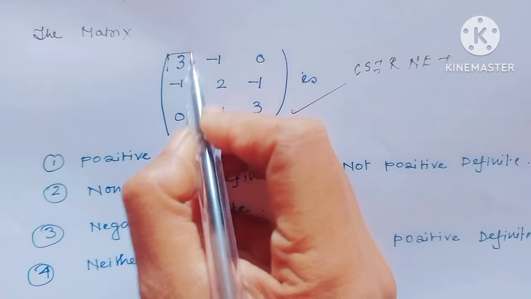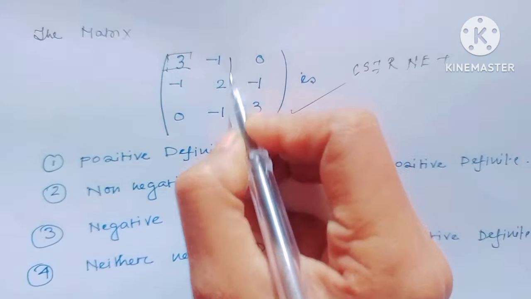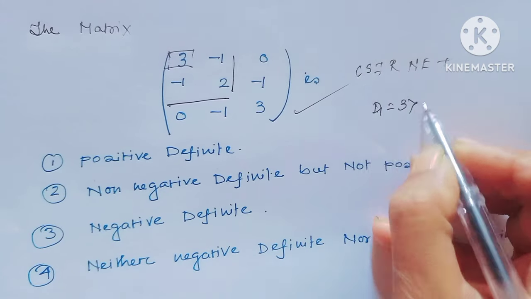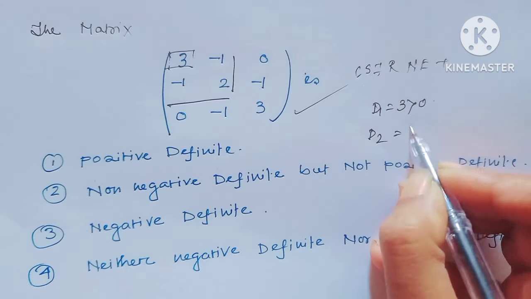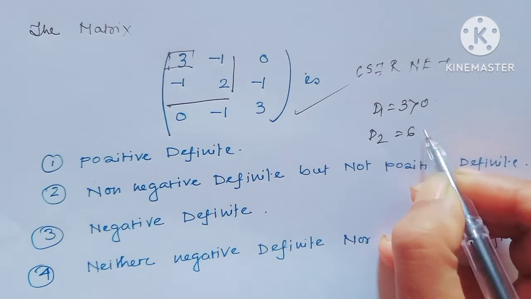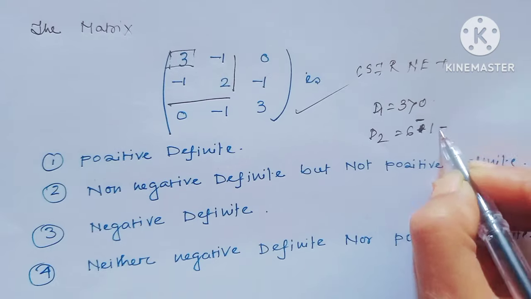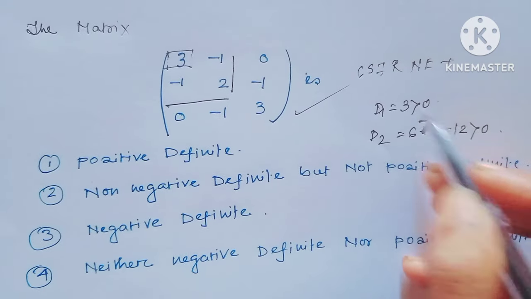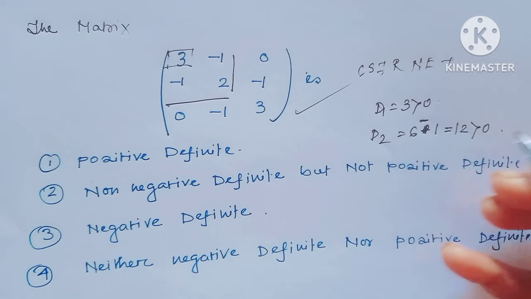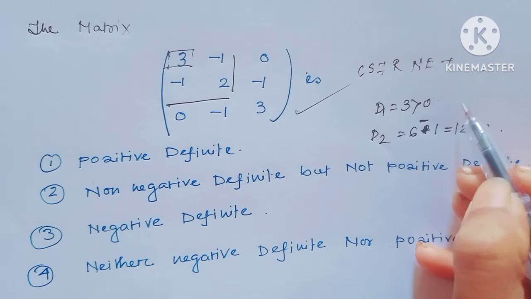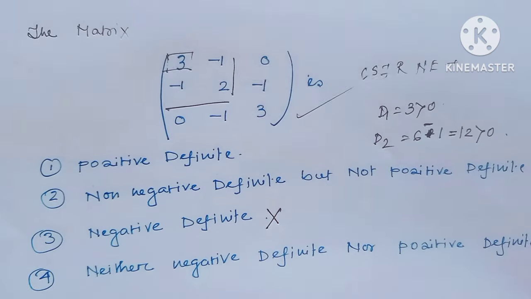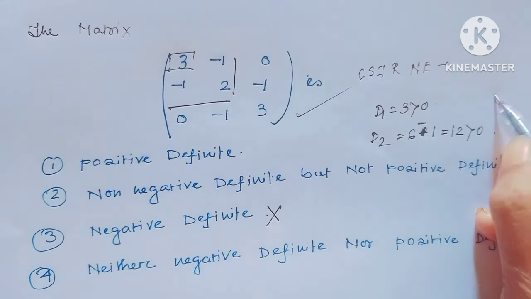Notice, the first minor D1 is equal to 3, which is greater than 0, D2 is equal to 6 minus 1, sorry, this value is also greater than 0. That means since D1 and D2 are both greater than 0, and D1 is not less than 0, negative definite is not possible; it is either positive definite or indefinite.